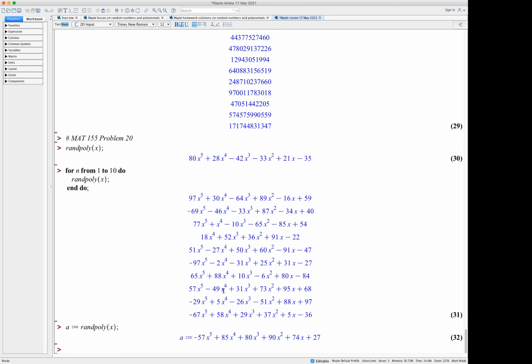So there's a random polynomial. And let me turn it into a function of x. So f is going to be the function. Actually, let's make it more complicated. Let me try it like this. Here, I get another random polynomial. So let me just copy and paste.